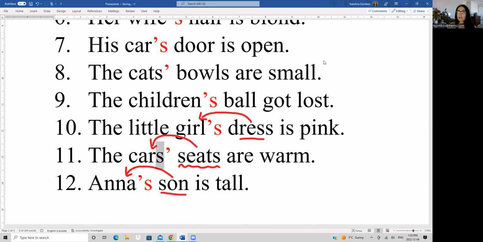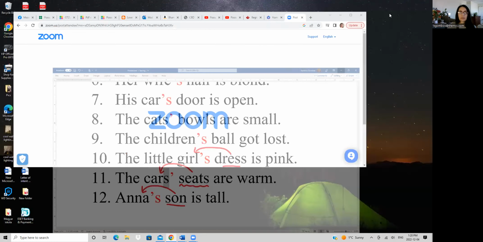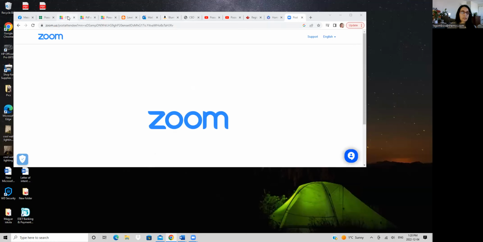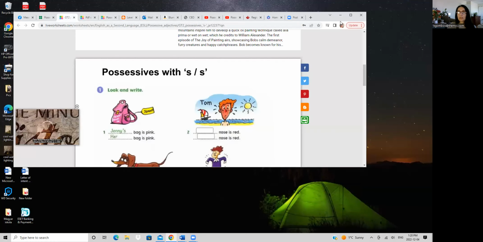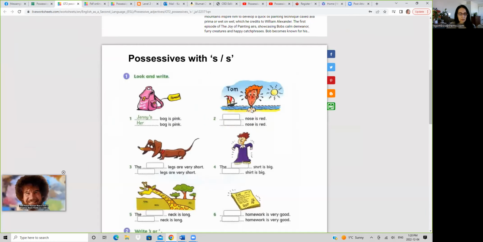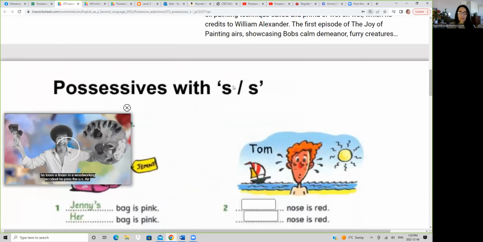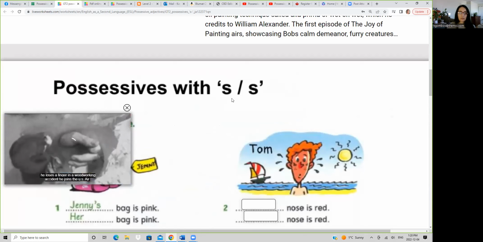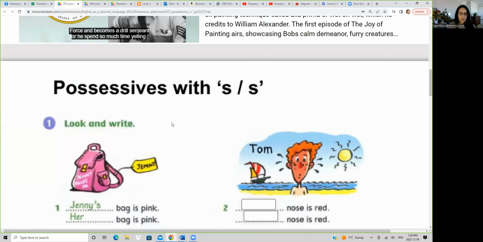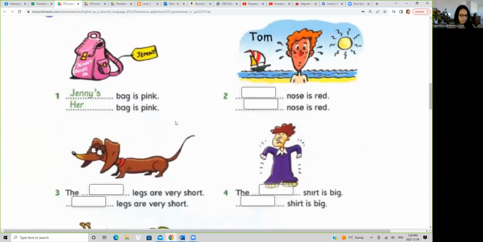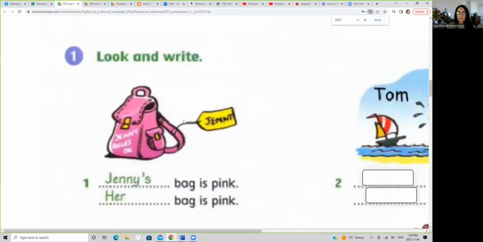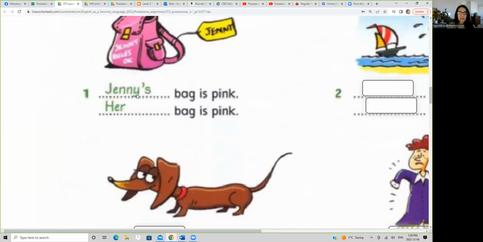Okay, so let's see, I want to show you one exercise that I will put the link to after the YouTube video. It says, which one should we use? Apostrophe S or just apostrophe at the end? Okay, we'll do a couple of them. Let's just see. Jenny's bag.